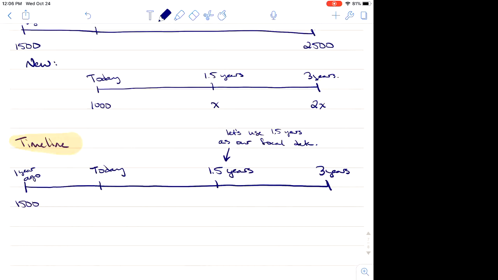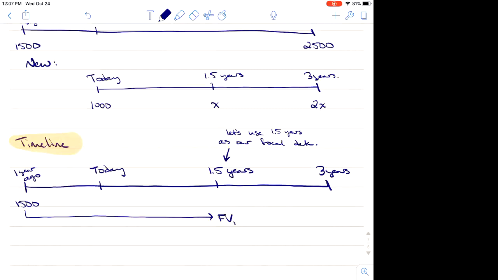$1,500 here. In 1.5 years from now, that's going to be worth some future value. And that's the first thing we're going to calculate. So how I want you to think about it is we essentially have to re-borrow the 1,500 for a year plus 1.5 years.